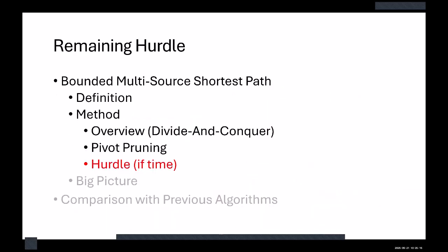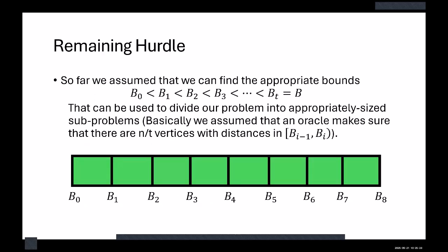So now that we've gone through the high level idea of the algorithm, I'll go to a technical hurdle. So far we assume that we can find an appropriate bound that can be used to divide the problem into appropriately sized subproblems. We also assume that we can indeed do the division, like for every vertex we can just decide which subproblem it goes into.